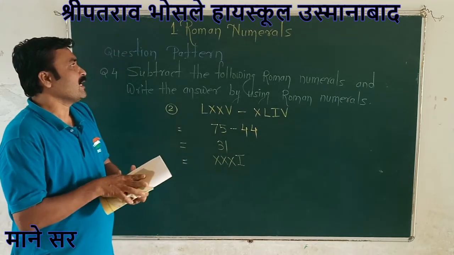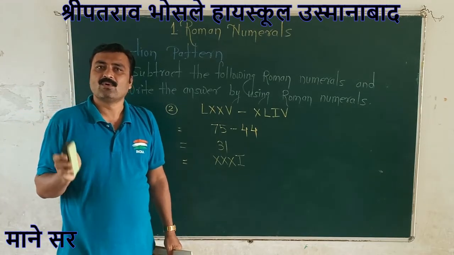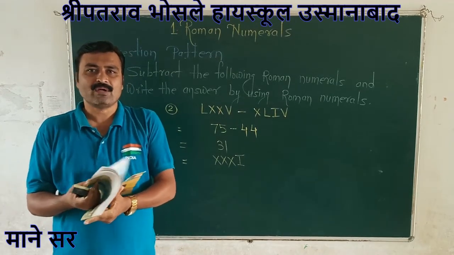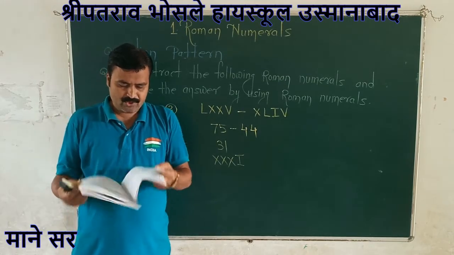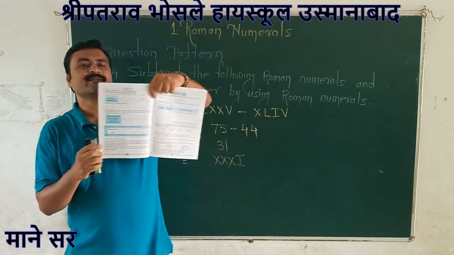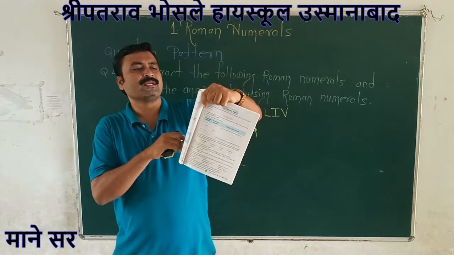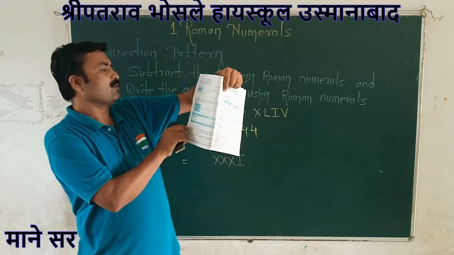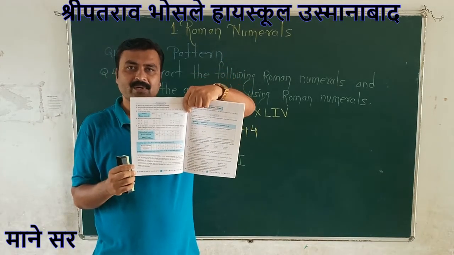Now today we are ending this first lesson, Roman numeral, with problem set number 1, given in our textbook at page number 2. At the starting of page 2, you have problem set number 1 as the heading, and you should observe a total of 5 questions on Roman numerals.